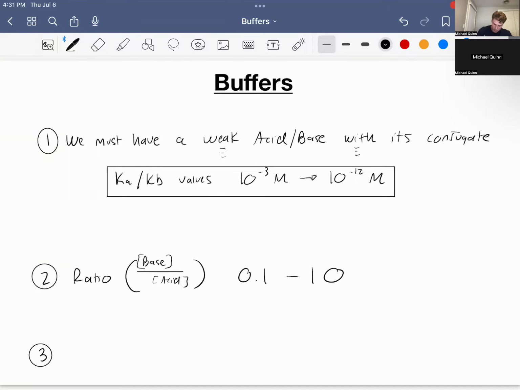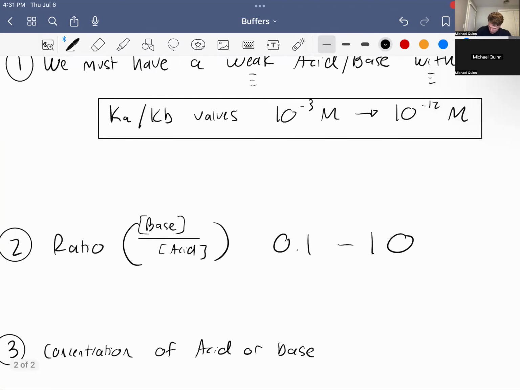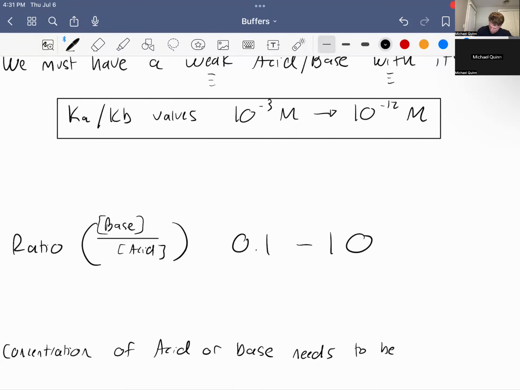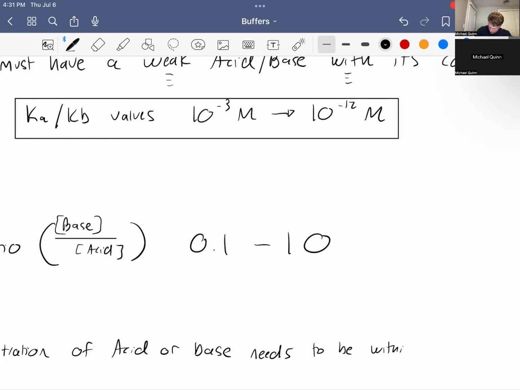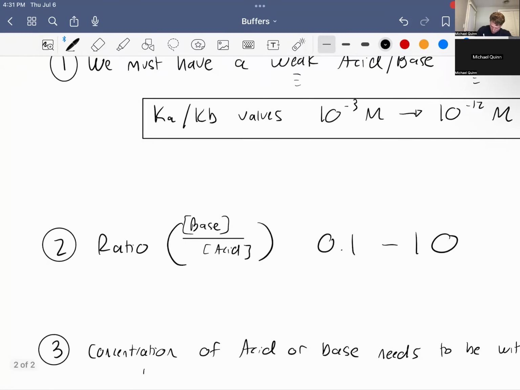Our third requirement, the concentration of acid or base needs to be within the range of 1 times 10 to the negative 3 molar and 1 molar.